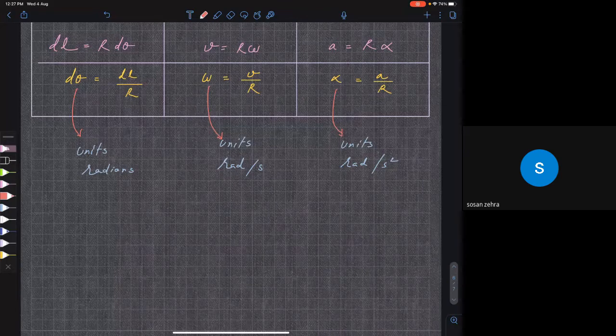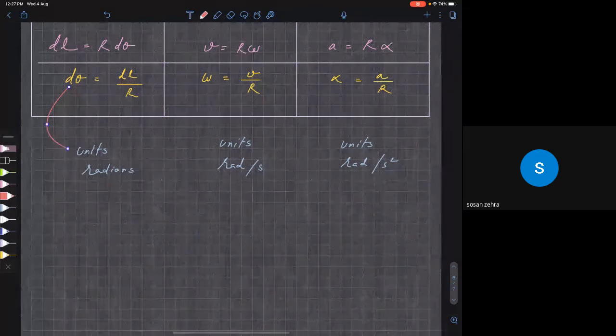Now basically, radian is the unit of angle, but in reality the angle is dimensionless.